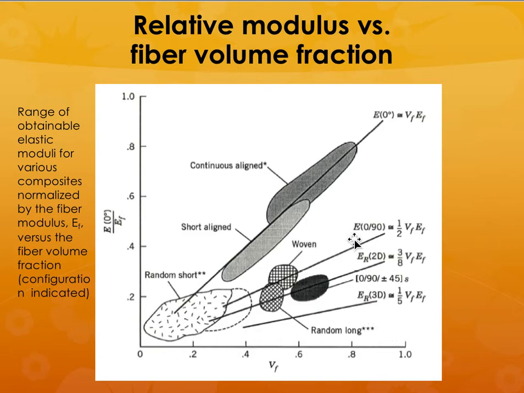And if you have a combination of the fiber orientations, then it would again change the properties. So you can see that if it is 0/90, then the elastic modulus would be half of volume fraction times the fiber modulus.